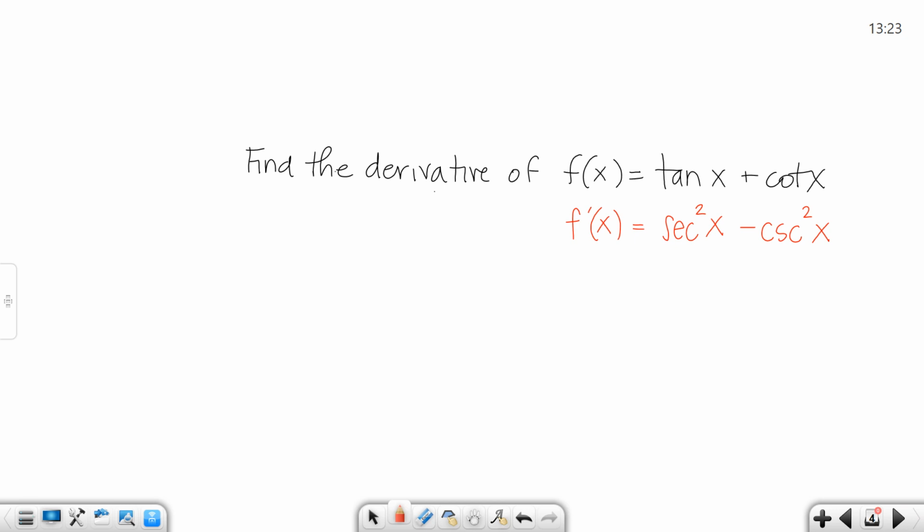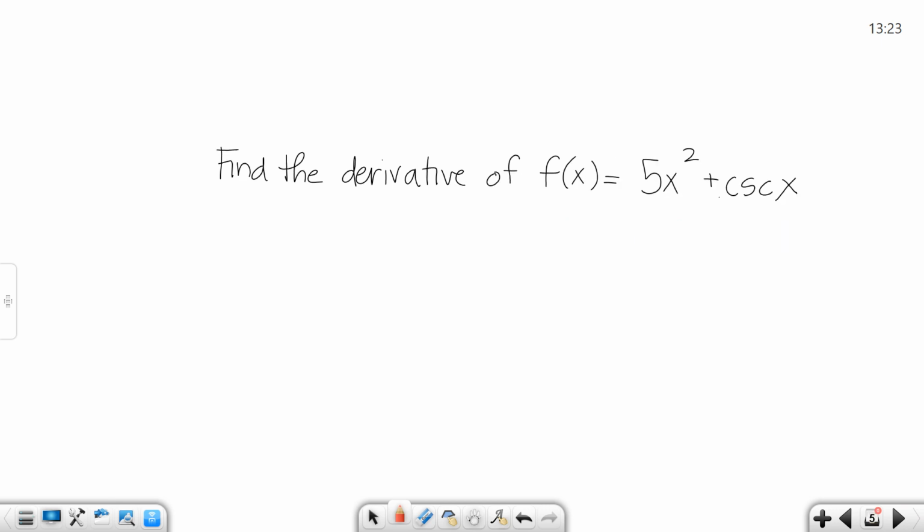One of the things I want to point out about your derivative sheet is, if you notice, the derivative of the cosine, the derivative of the cotangent, the derivative of the cosecant, all of the trig functions that start with c, their derivatives are negative. So the derivative of cosine is a negative, the derivative of cotangent is a negative value, and the derivative of cosecant is a negative value. So that might help you a little as you study these.